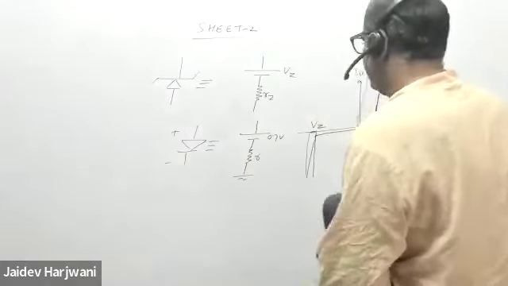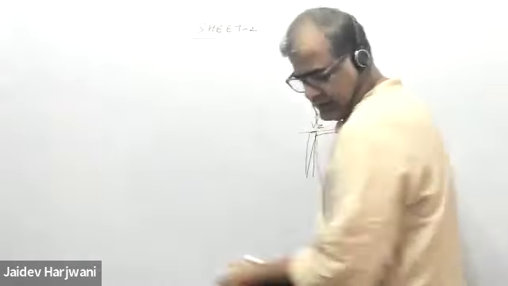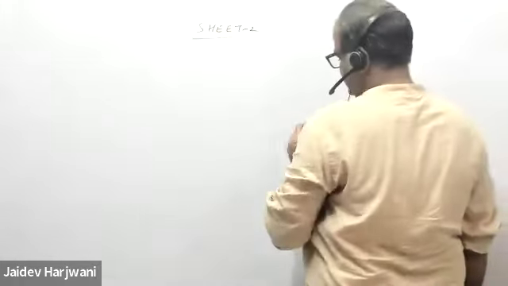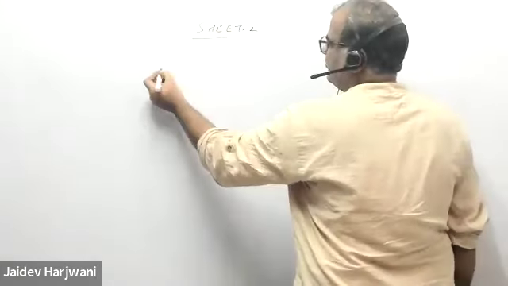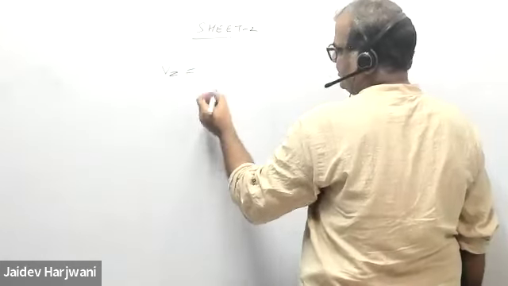Okay, so let us understand this with a question. What is the question saying? A Zener diode whose nominal voltage is 10 volt at 10 milliampere has an incremental resistance of 50 ohm. What voltage do you expect if the diode current is halved and doubled? So I can replace the Zener diode by a battery.